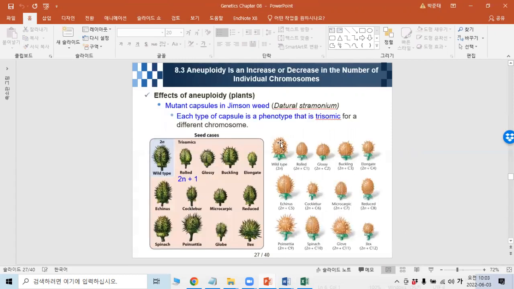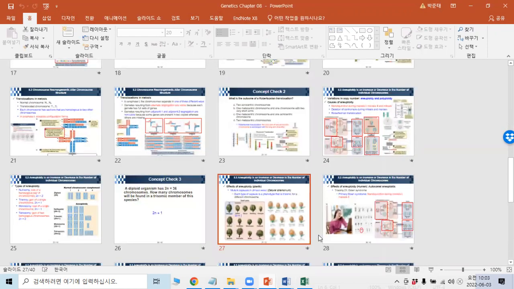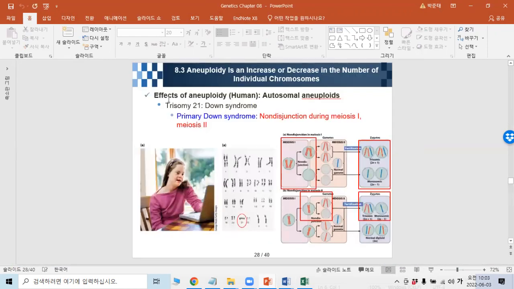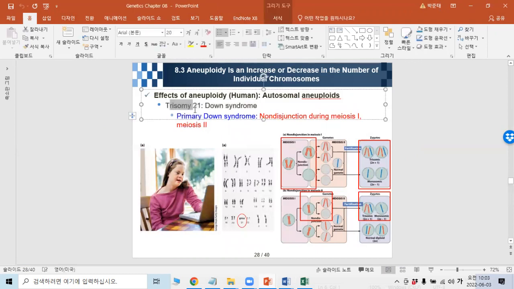There are many cases of aneuploidy, like the capsule of Jimson weed. Every case is aneuploidy, but they have different shapes. Also important is trisomy 21. We call it Down syndrome.